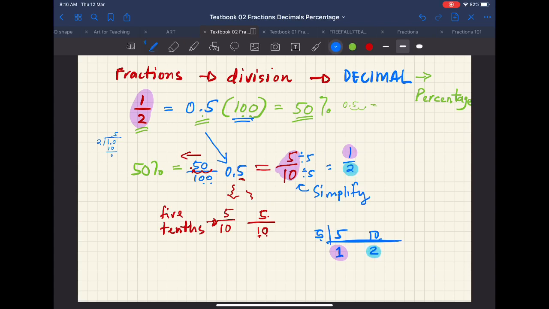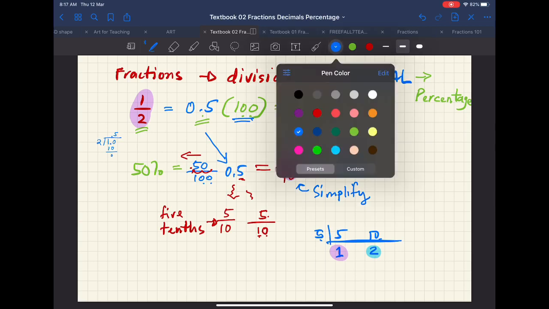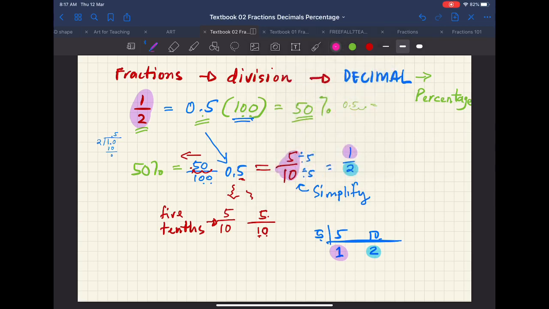Okay? So you can see we track the progress from, okay, let's use pink. From fractions, we made it to decimals, and then we made it into percentage. And then from percentage, we made it back into decimals, and then we made it back into fractions.